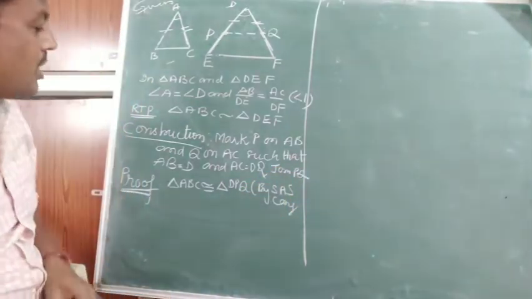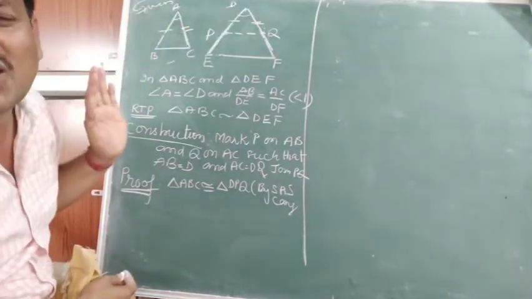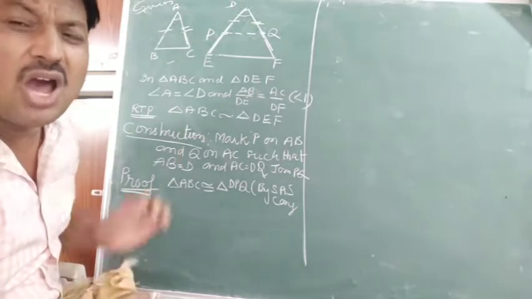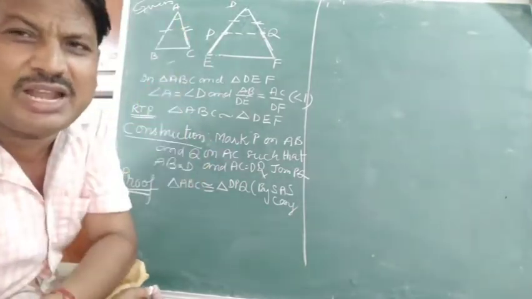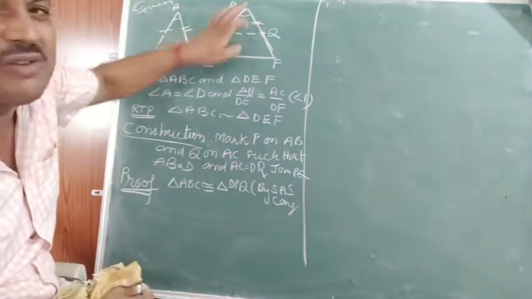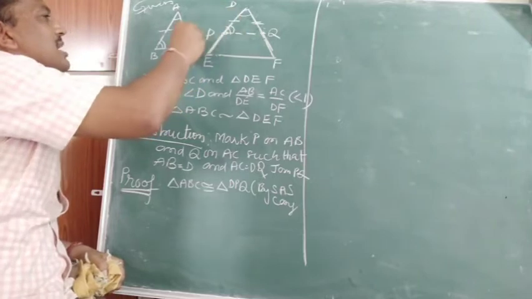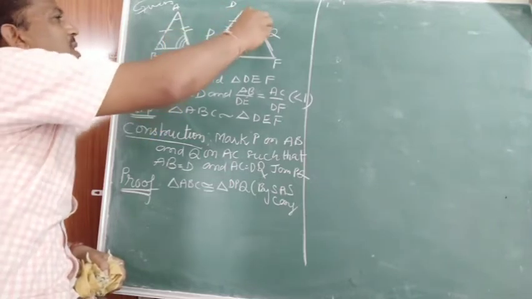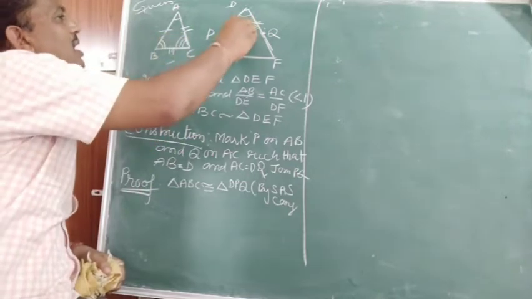Okay children. Now, when the two triangles are congruent, what does it mean? All parts of these two triangles are exactly the same and equal. Already one angle equal is given, and this angle B becomes equal to this angle. This becomes equal to this angle, children. And this side also becomes equal to this.